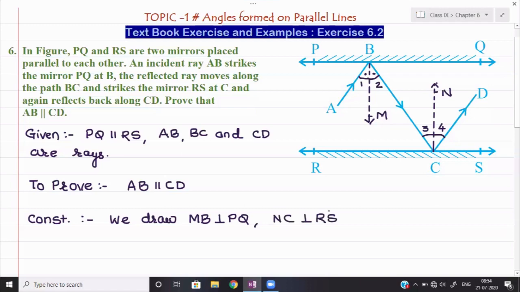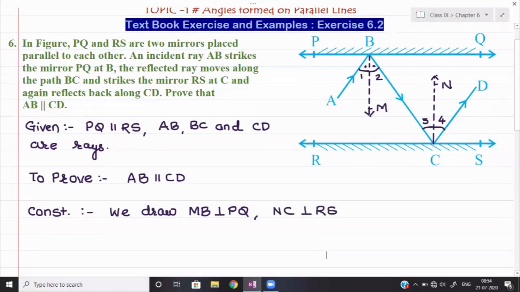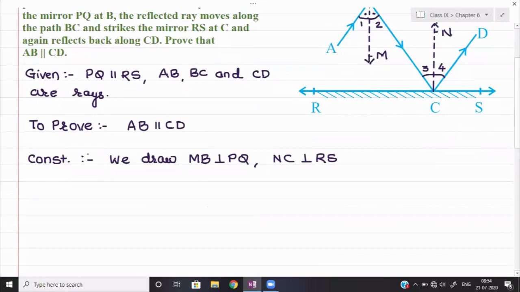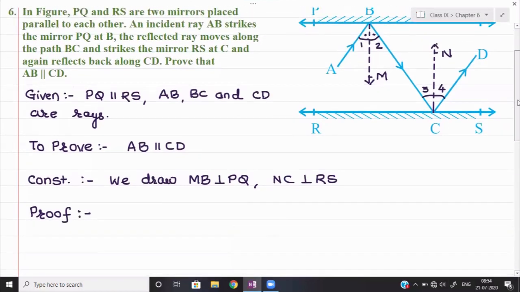So these are the two perpendiculars we have drawn. Now further we shall write down the proof of the given question. As I told you, the fundamental of angle of incidence and angle of reflection, that I am going to apply. So look at the figure also along with the solution.